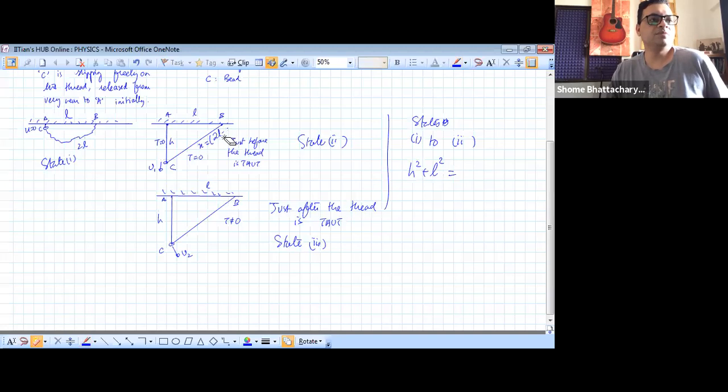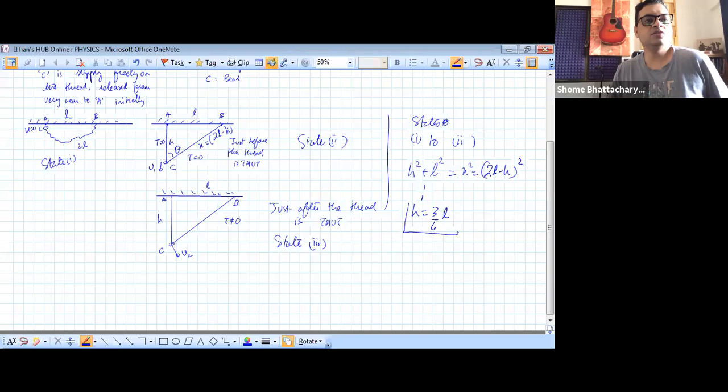You just apply Pythagoras theorem. And if this angle is theta, so you will get this as x square or h minus L. Oh, sorry, 2L minus h whole square. So you solve this and you will get the value of h as 3 by 4L.